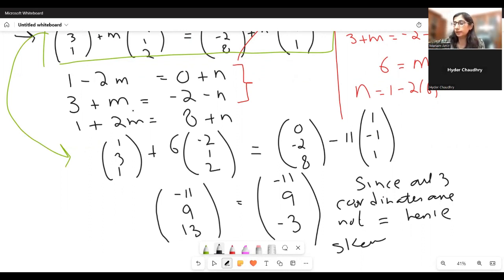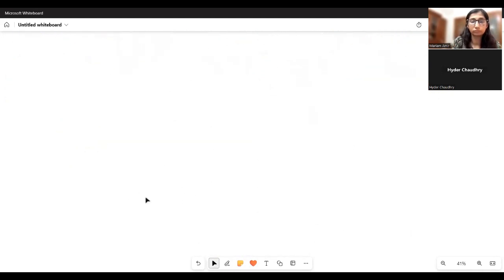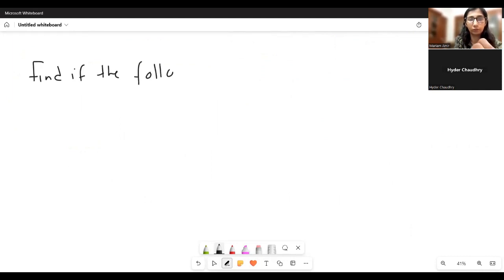Okay, another example like this. Find whether the following vectors are parallel, intersecting, or skew.